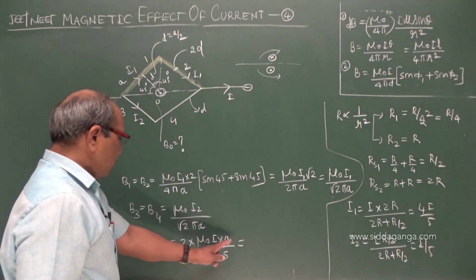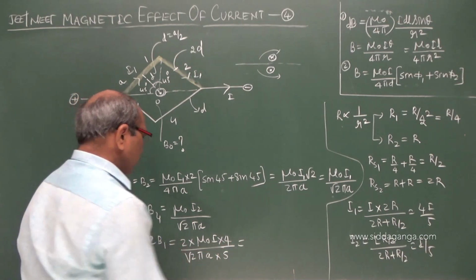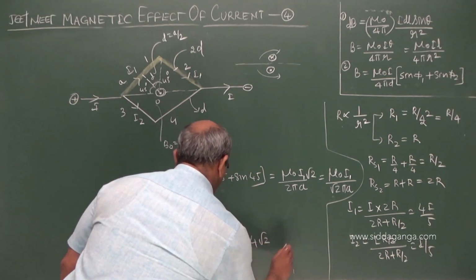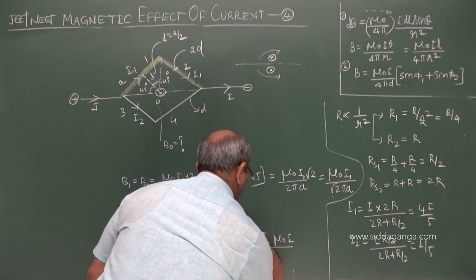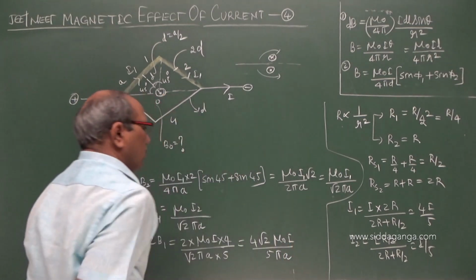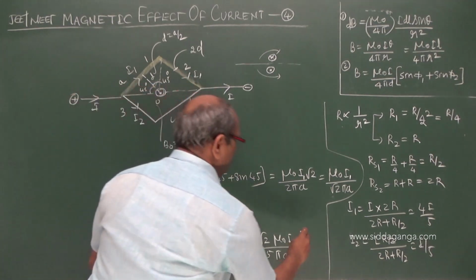The 4 I can keep here, so it is 4 into root 2 mu naught I by 5 pi a. It is into the board.